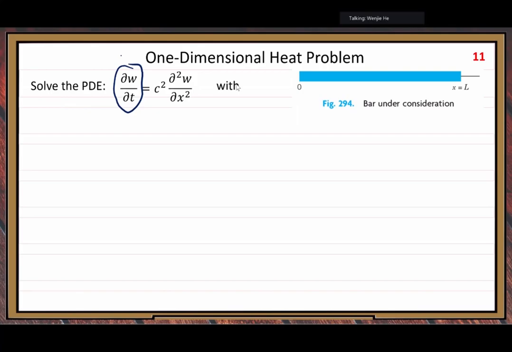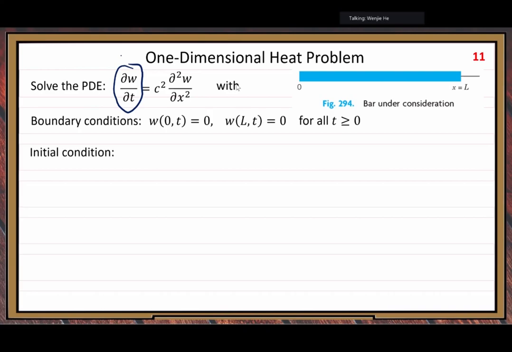With c squared, the constant, we have two boundary conditions, at the left end and the right end. At the left end, W of 0, t equals 0. At the right end, W of L, t equals 0. These are simple boundary conditions.